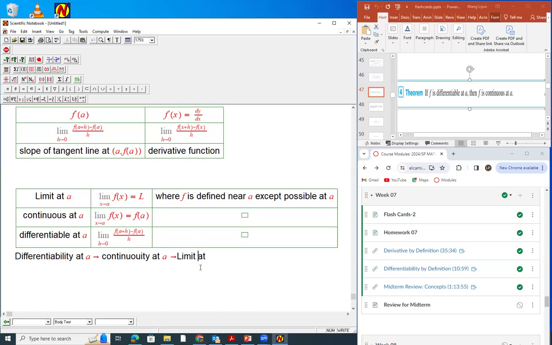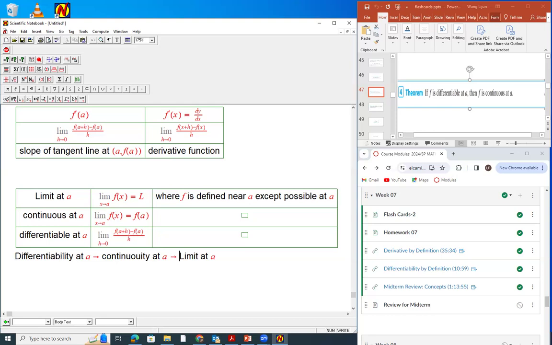So how do we do that? We do that by comparing the theorem and the definition, but not the other way around. Say, for example, if I ask you, if the limit does not exist, can this function be continuous at a? Then you say it's not possible, right?